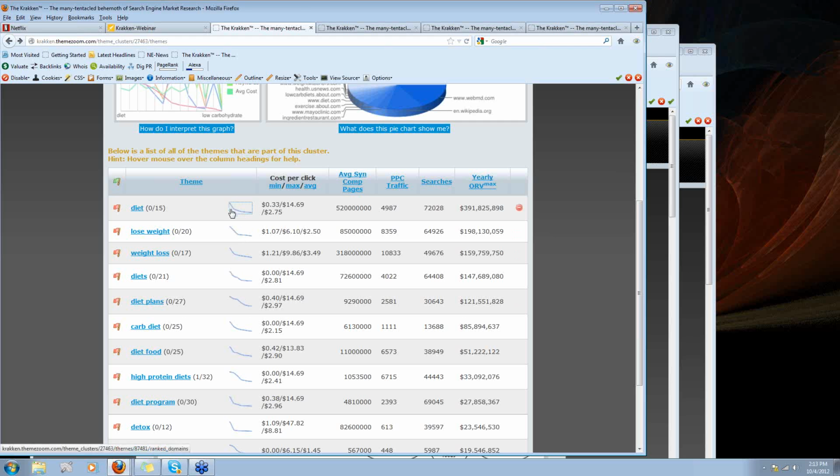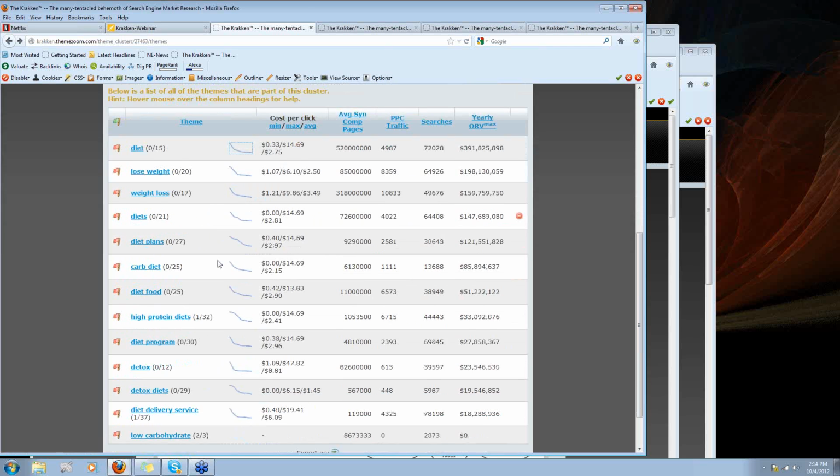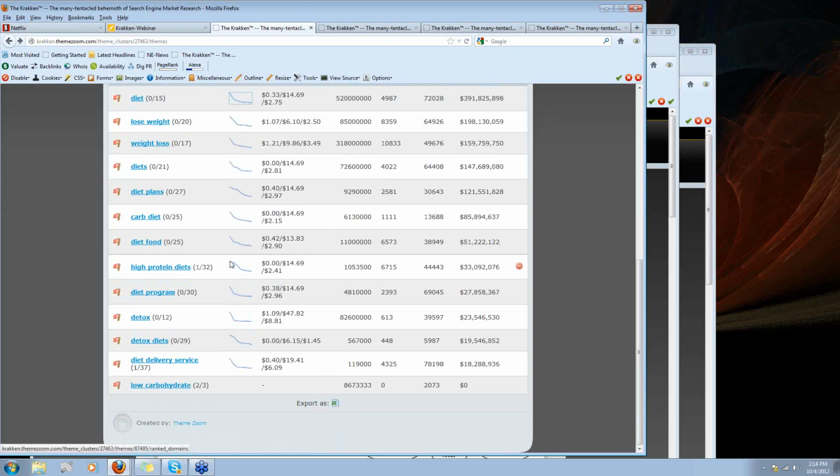This has 2 or 3 guys at the beginning who are ranked for a lot of keywords, and then it falls off and goes flat. This one has a much slower slope at the beginning, so you've got more guys ranked for more keywords, and then past the 5 or 6 mark you've got nothing. This one is particularly competitive: several are ranked before it falls to a flat line. This one has just 1 or 2 sites ranked.